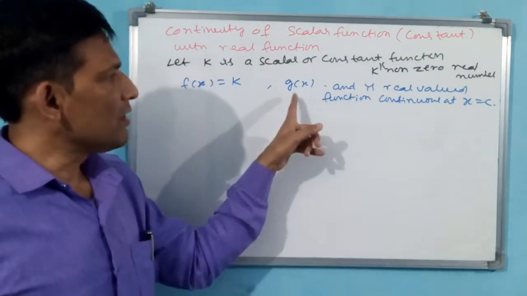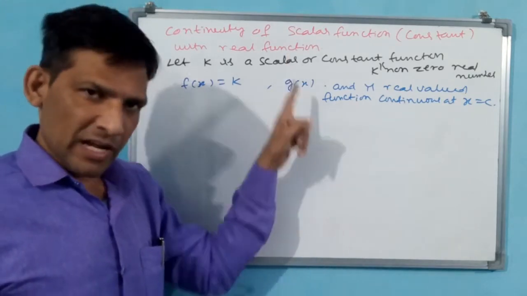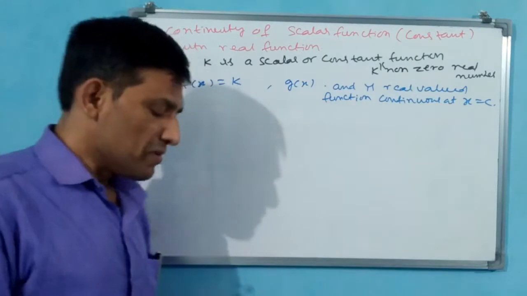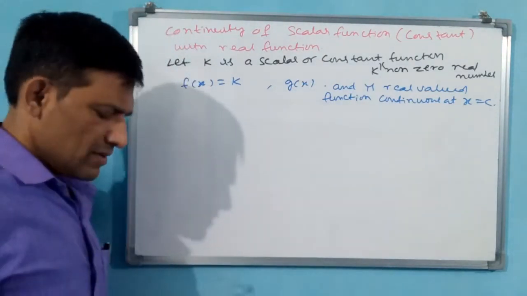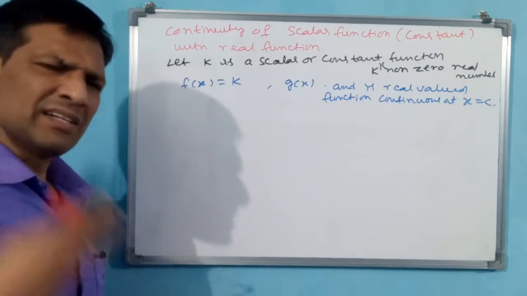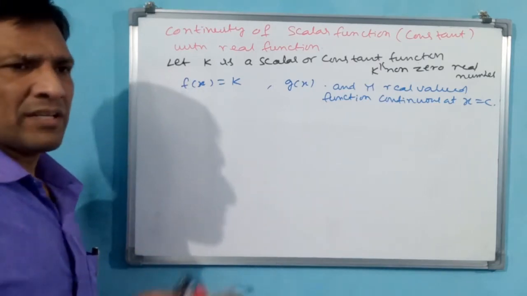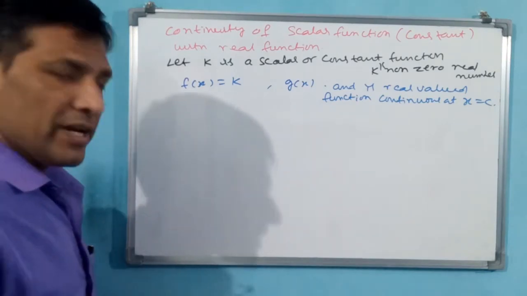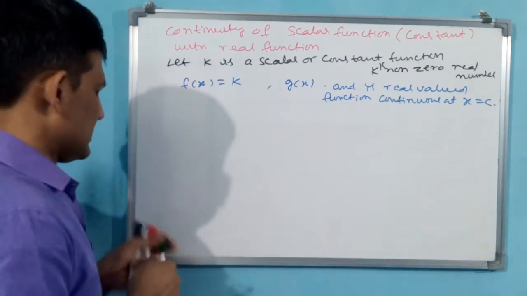Now we will see the algebra of these two. K plus g, k minus g and all you need not see, that is always continuous. We will see k into g, kg.